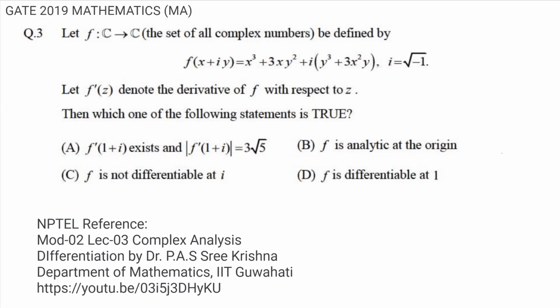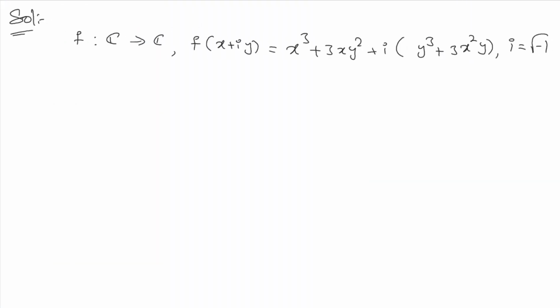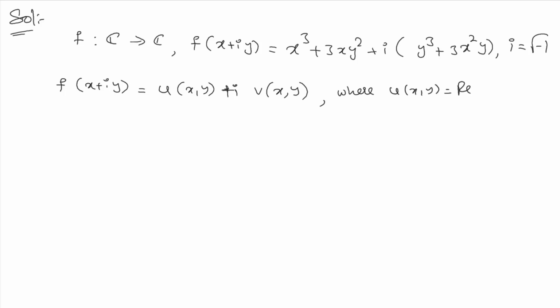Coming to the solution, we can write the function f of x plus iy as u of x comma y plus i times v of x comma y, where u of x comma y is the real part of f of z and v of x comma y is the imaginary part of f of z.